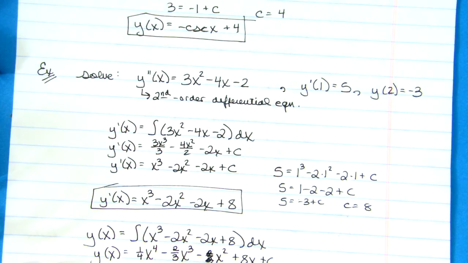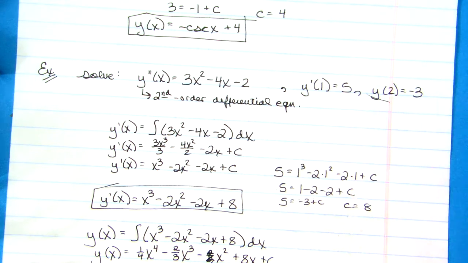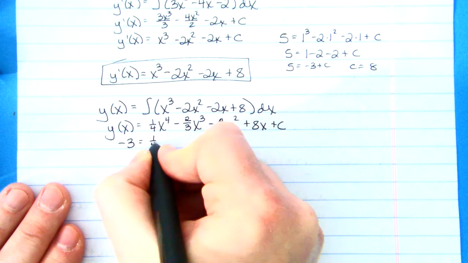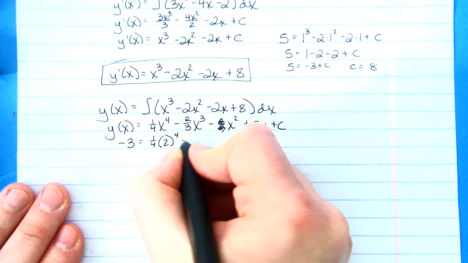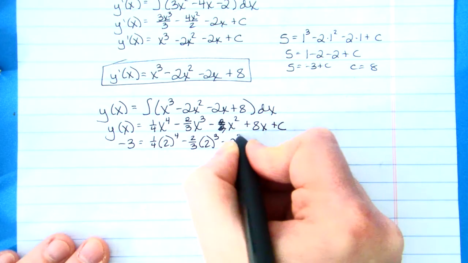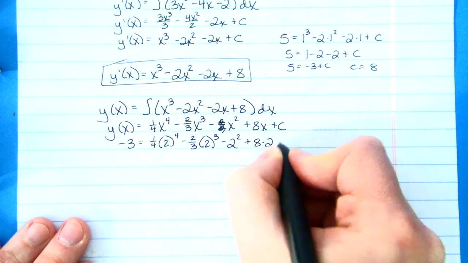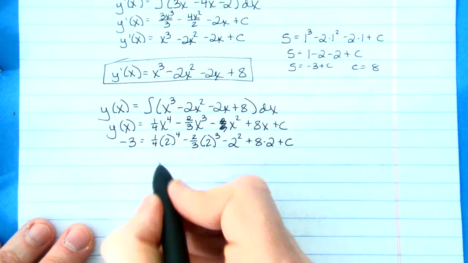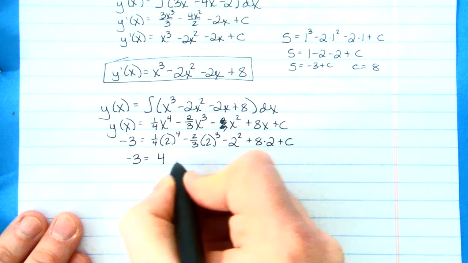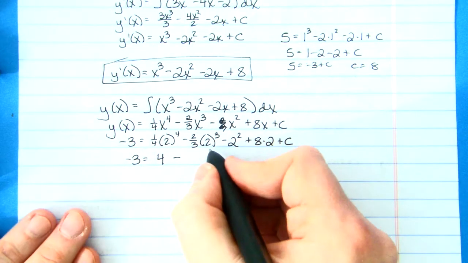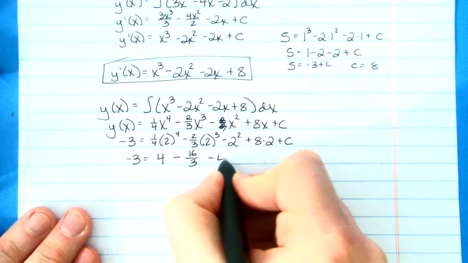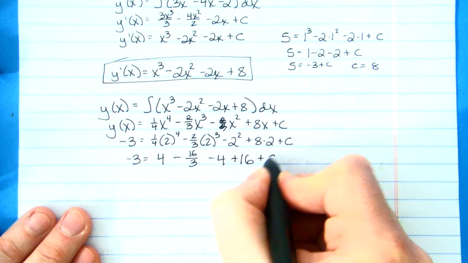I'm now going to plug in my initial condition of y of 2 equals -3. -3 equals 1/4 times 2 to the 4th minus 2/3 times 2 cubed minus 2 squared plus 8 times 2 plus a constant. 2 to the 4th is 16. A fourth of that is 4, so -3 equals 4 minus 2 cubed is 8 times 2 is 16 minus 16/3, and deal with that later, minus 4 plus 16 plus c.